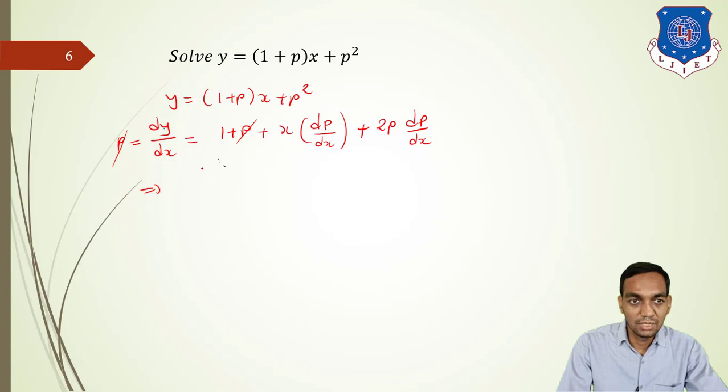Correct, and that will give you dp by dx into x plus 2p plus 1 is equal to 0.